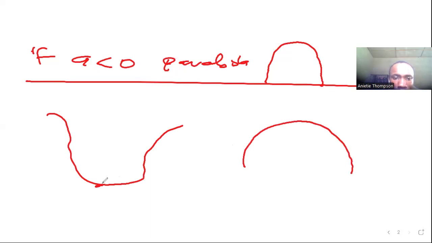This turning point is the vertex, where we can get the maximum value or the minimum value. We still have the vertex value, which will be your x and the f of x value at this point.